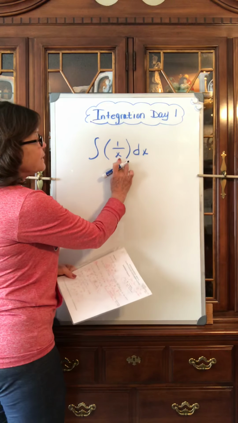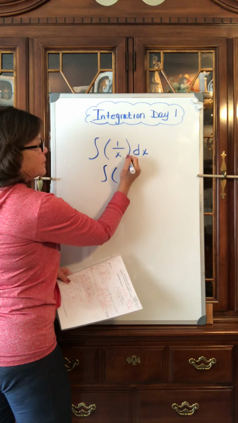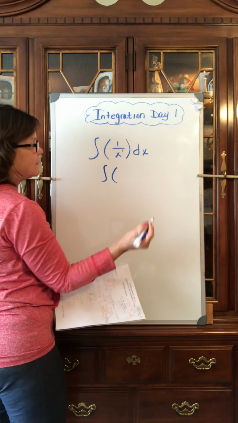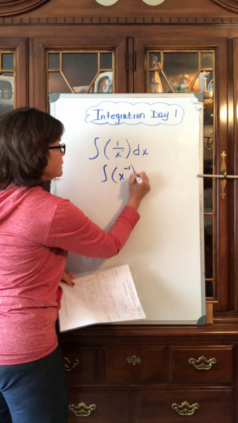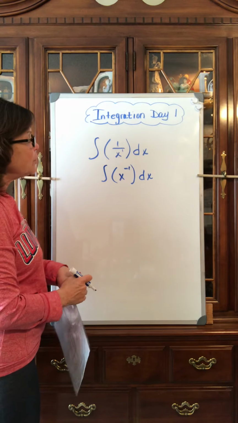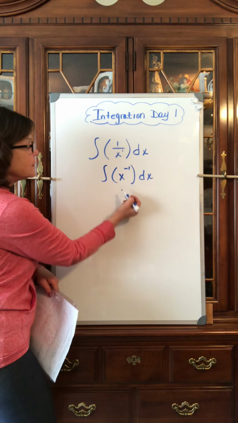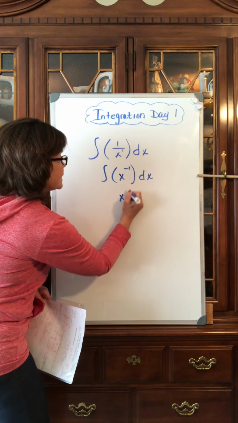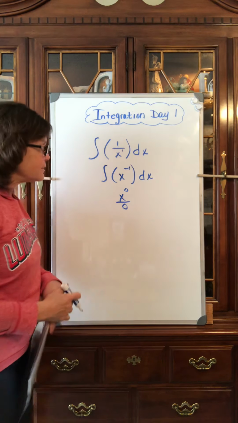If I rewrote this so it wasn't a fraction, that's an x to the positive 1 down there. I could rewrite it as x raised to the negative 1. Same function, I haven't done the integration yet. But when you integrate this, if you add 1 onto your exponent, you would get x raised to the 0, and if you divide by 0, that's undefined.